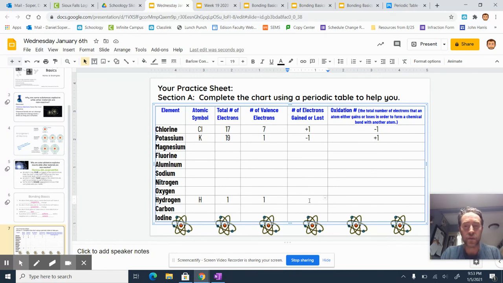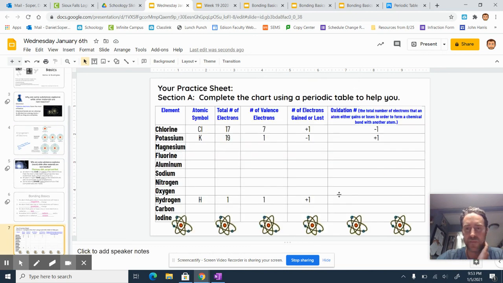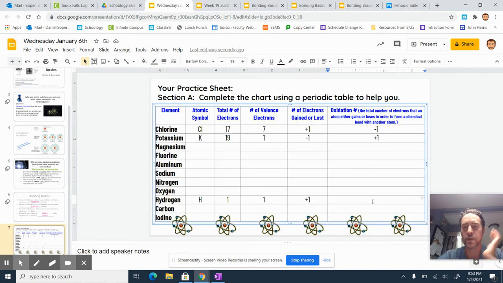In a shell, it only has 2 on this one, so it just needs 1 more electron to get that full shell. And this is it, hydrogen right here. Again, 2 electrons maximum on the inner shell, so that's going to be full. And again, we can see it's going to be the opposite of this one, so -1.